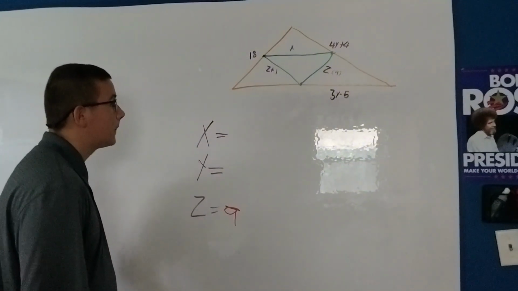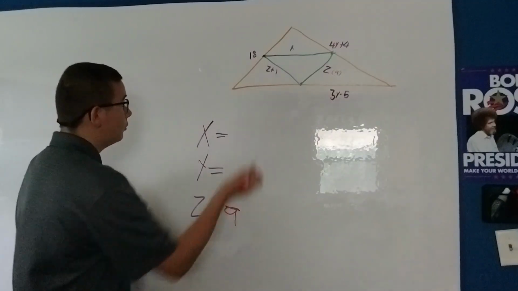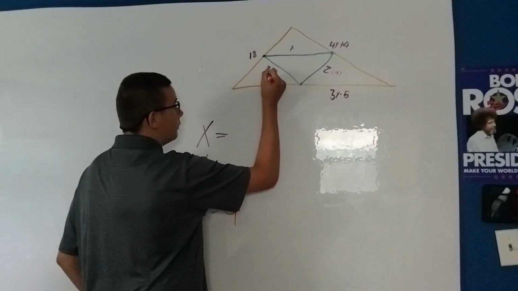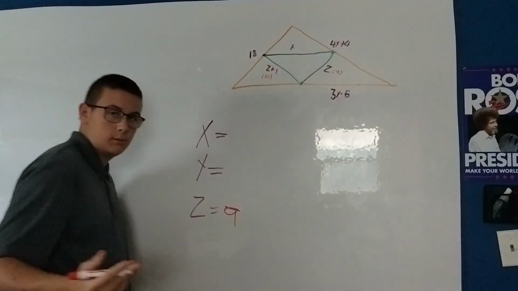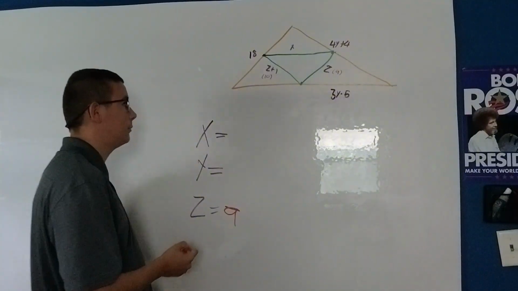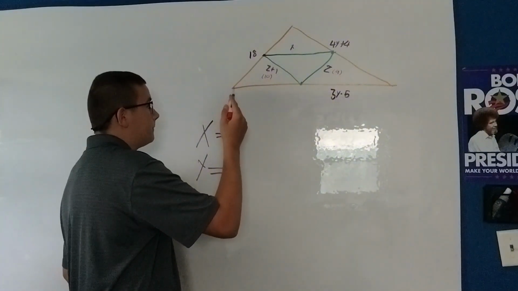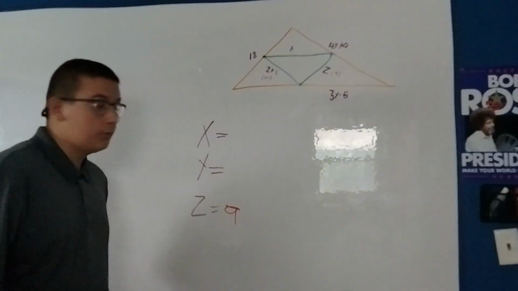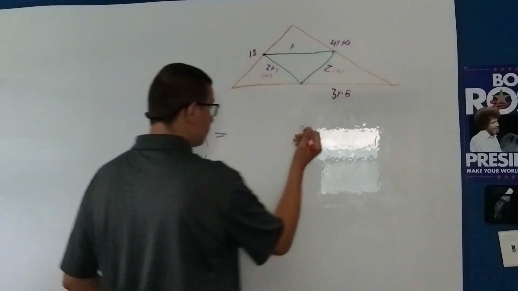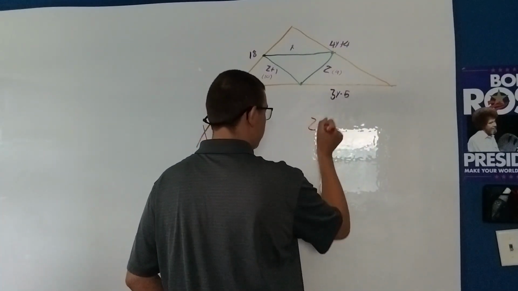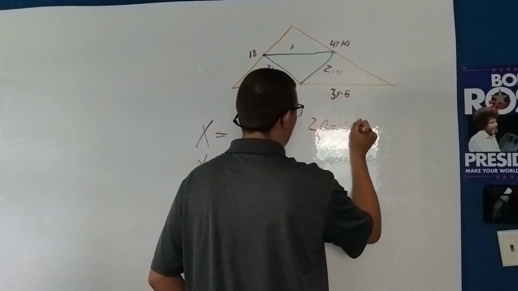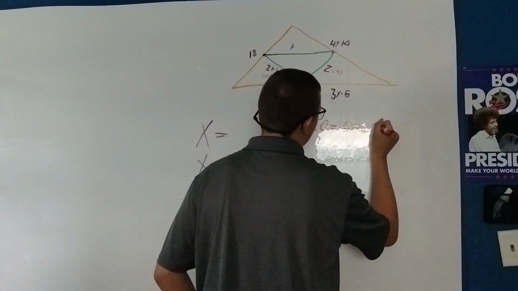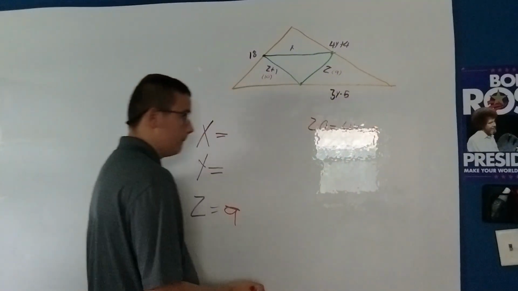Now from there, we can move to z plus 1 is 10. 9 plus 1, I shouldn't have to explain that. And then we know that 2 times this is going to equal 4y plus 4. So 2 times 10 is 20. So we know 20 equals 4y plus 4, like that.